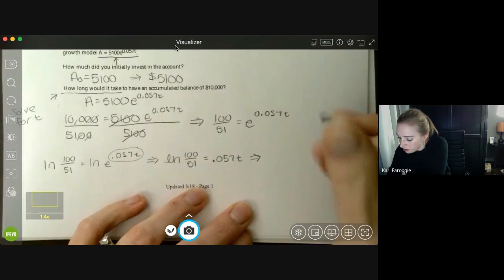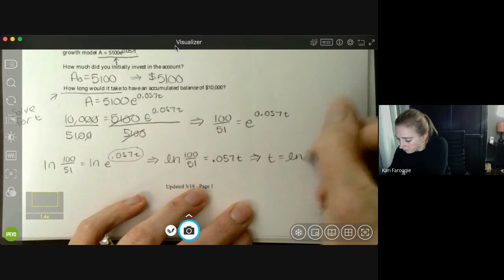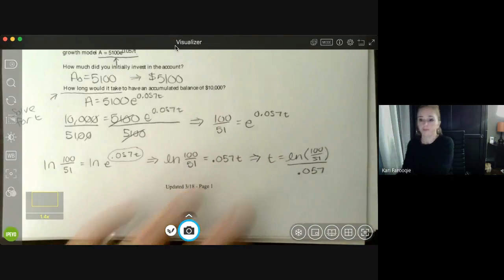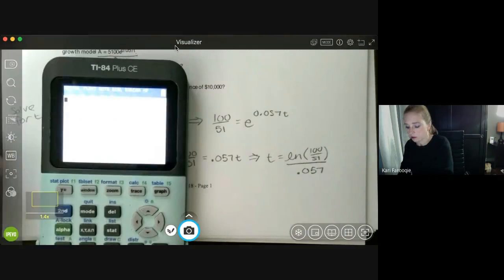Now to solve for t, we're going to divide both sides by 0.057. So now you can go ahead and take your 100 over, or I'm sorry, we're going to need a natural log. I'll just put my calculator up here.